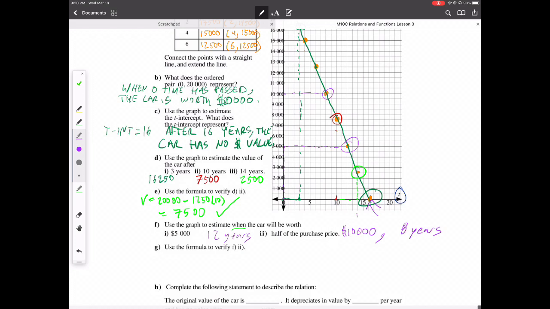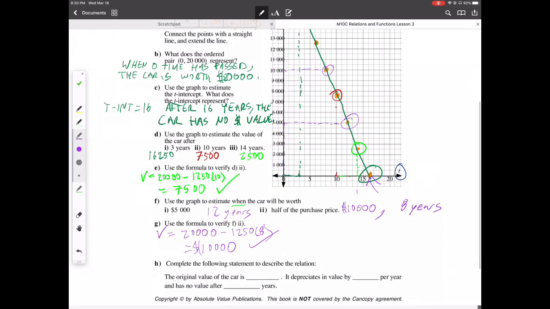To get half the value, it would logically take half that time. If I'm using the formula to verify this, I'm going to say V is equal to 20,000 minus 1250 times 8, which in this case is going to be $10,000. And that matches the information that we had as well.